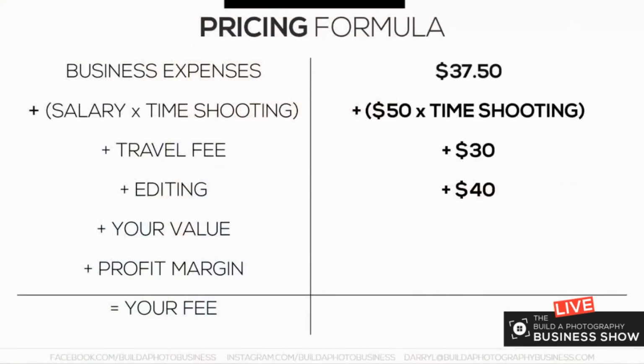So, for example, let's say you outsource your editing, you're doing 20 photos for this package, and it costs you $2 per photo to edit. So therefore, you would add $40 for your editing cost into the formula, and obviously adjust that value for your different photo shoot packages, depending on the normal number of images that you deliver.